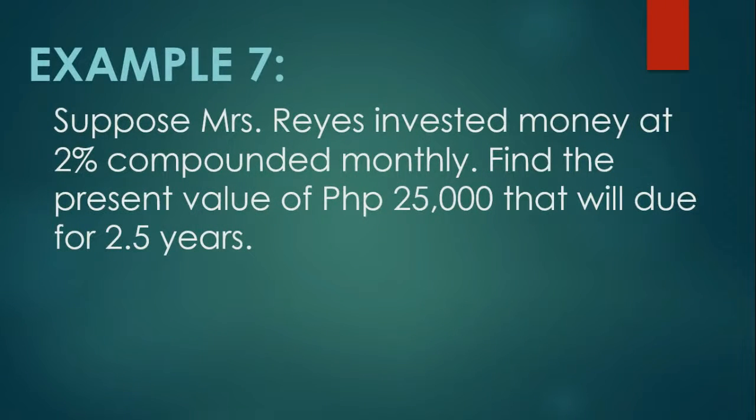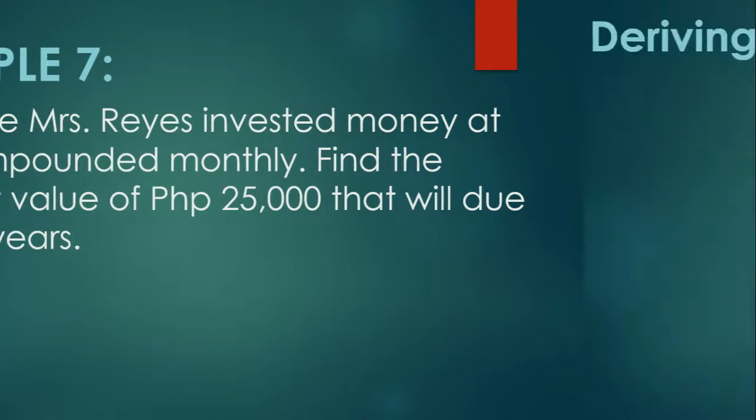Example 7. Suppose Mrs. Reyes invested money at 2% compounded monthly. Find the present value of 25,000 pesos that will be due in 2.5 years. So in this case, hindi yung future value yung hinahanap, kundi yung present value or yung P. So how are we going to solve that? We derive the formula in finding the value of P. So we use the formula F is equal to P times 1 plus R all over N raised to NT.